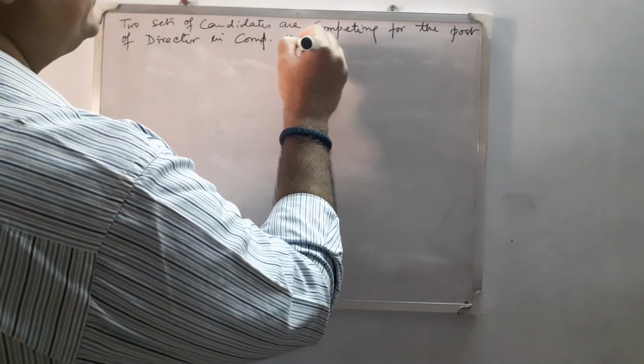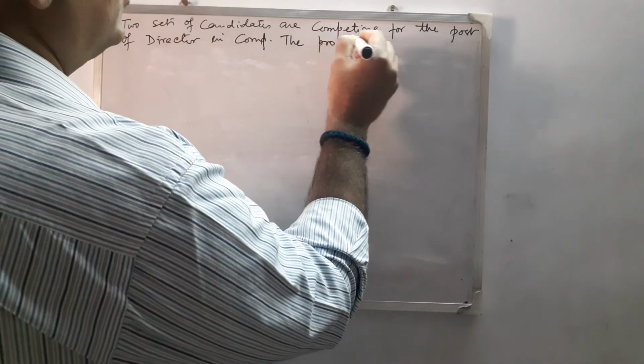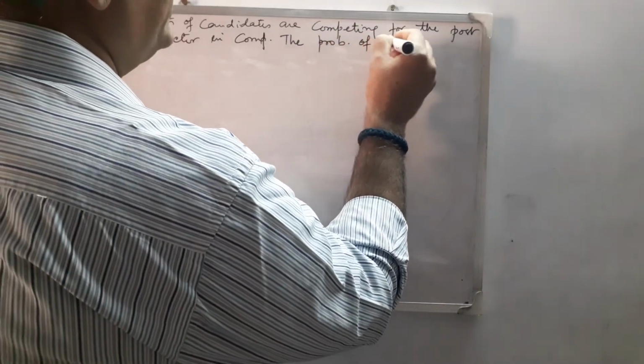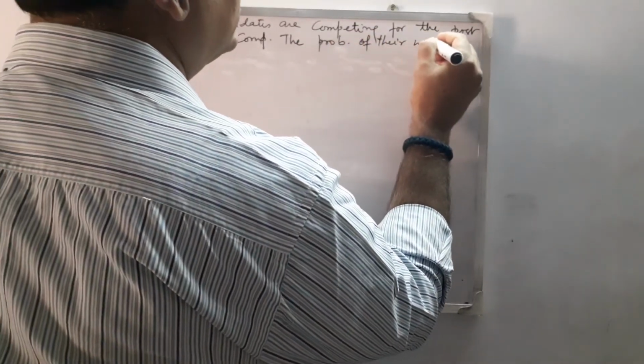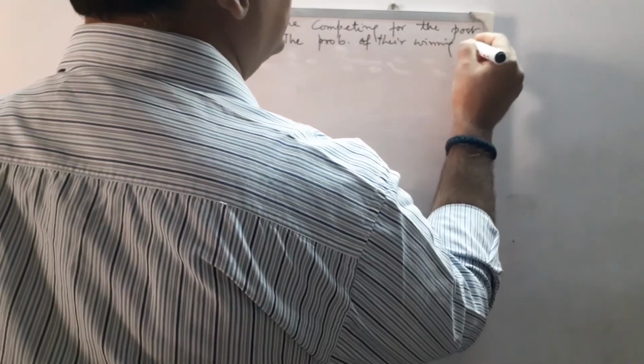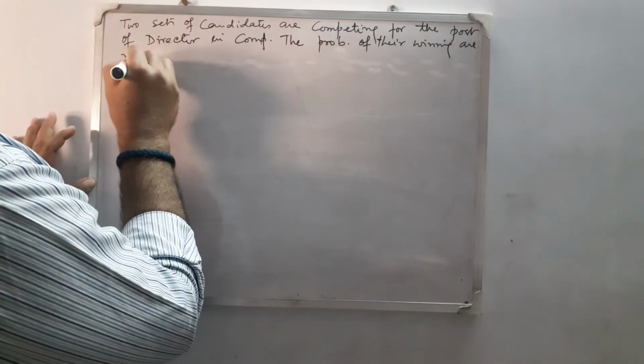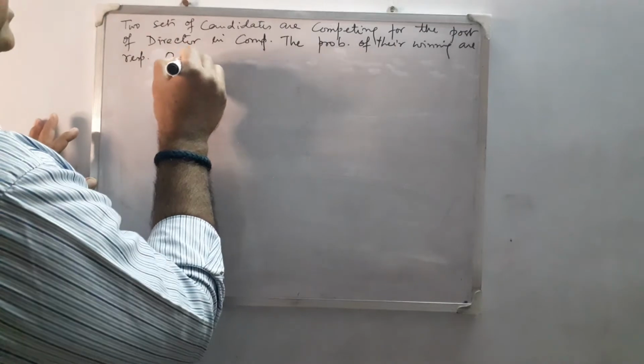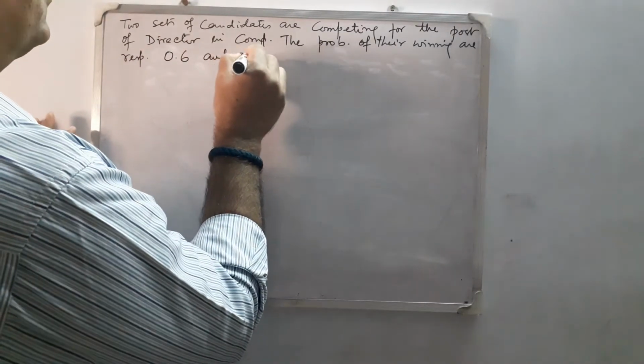The probabilities of their winning are respectively 0.6 and 0.4.